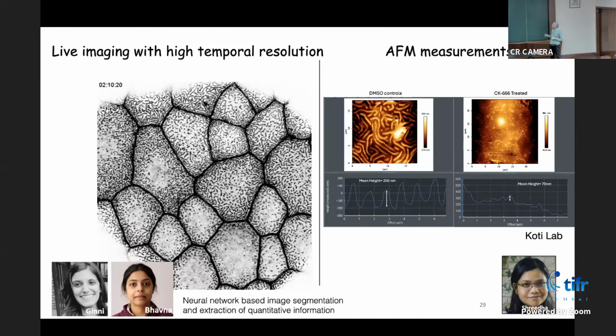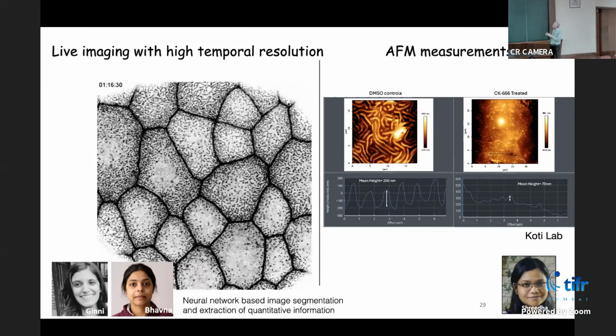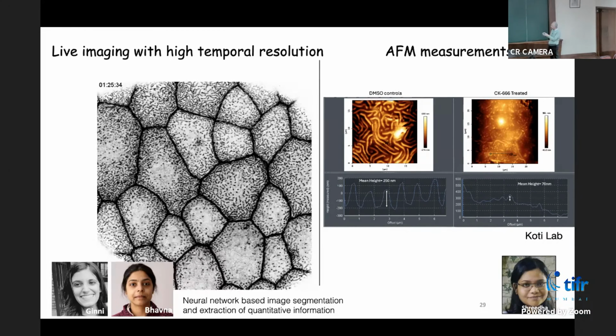But as they grow long, they also grow tall. So somehow the length and the height seem to be linked. Now, this is something that we are talking to Madan and other theorists about, to figure out how these things grow laterally long. So with that, I think this is my last slide.